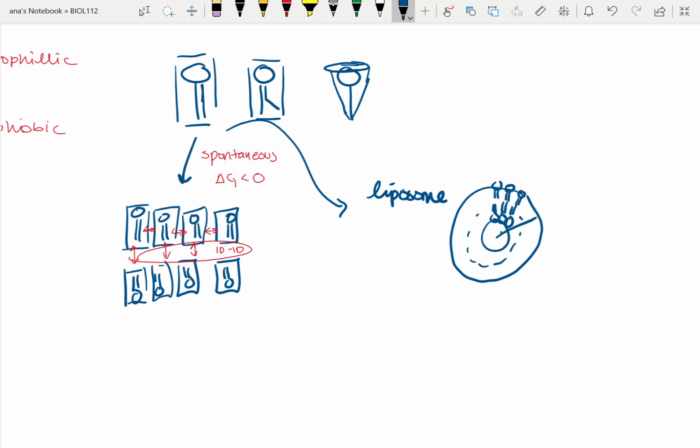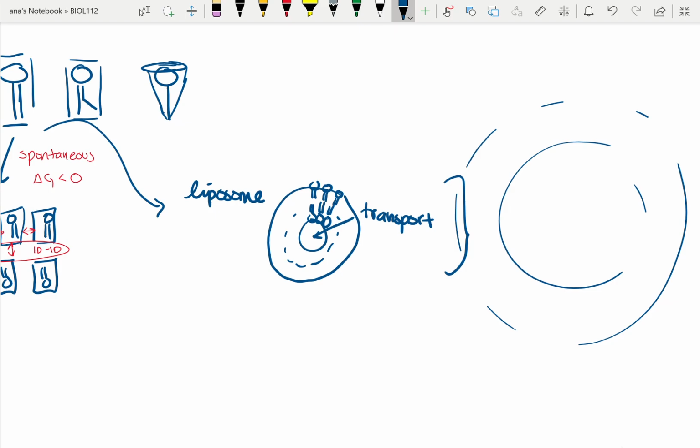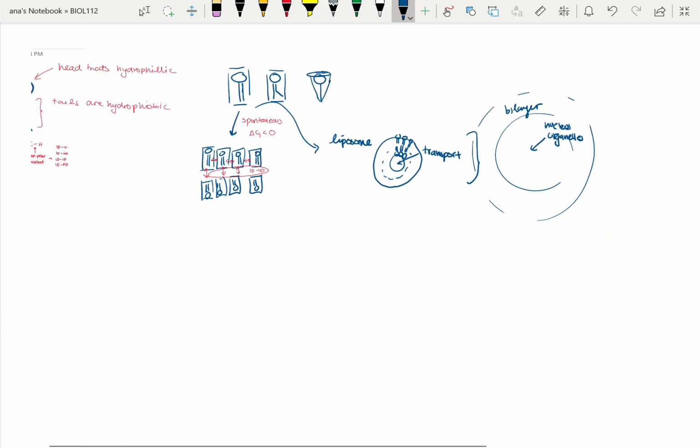And so this core can be used for a bunch of things, but it's mainly used to transport things. But when we're thinking of a cell, we would imagine this a lot bigger, because this is your bilayer, and now it has to hold your nucleus, all the organelles, everything like that. So you can picture the cell as a blown up version of a liposome.